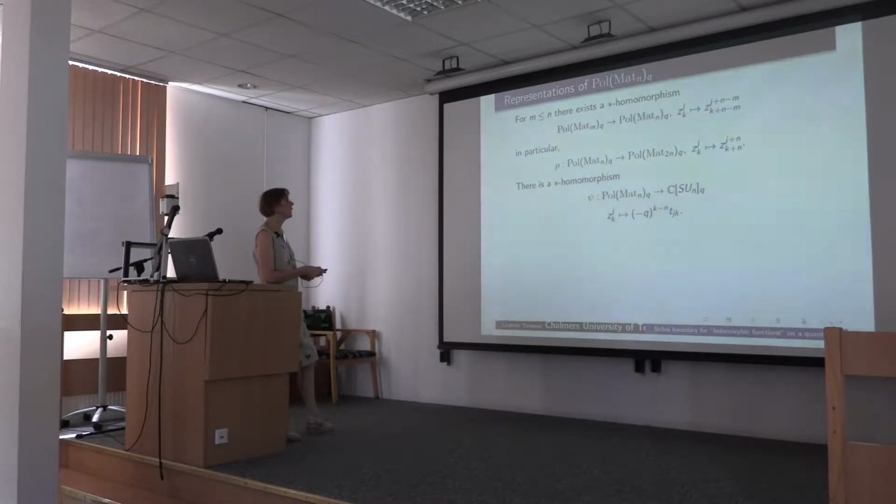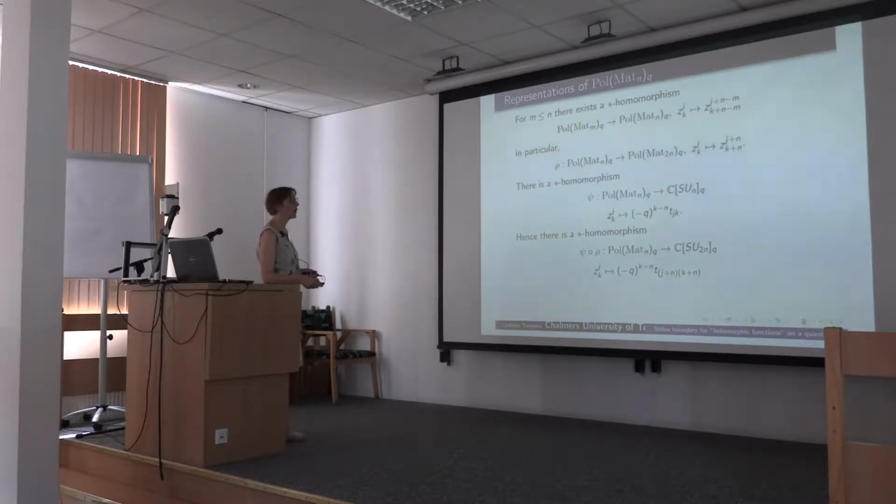Then we have a star homomorphism from Pol_{n,q} to this quantum group, which is given in this way. And therefore we have a star homomorphism from our algebra Pol_{n,q} to this quantum group, which is given in this way.